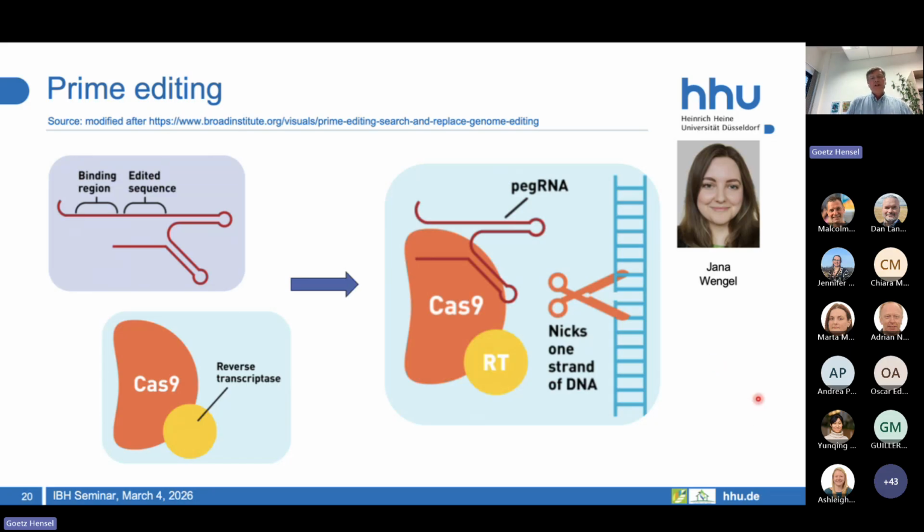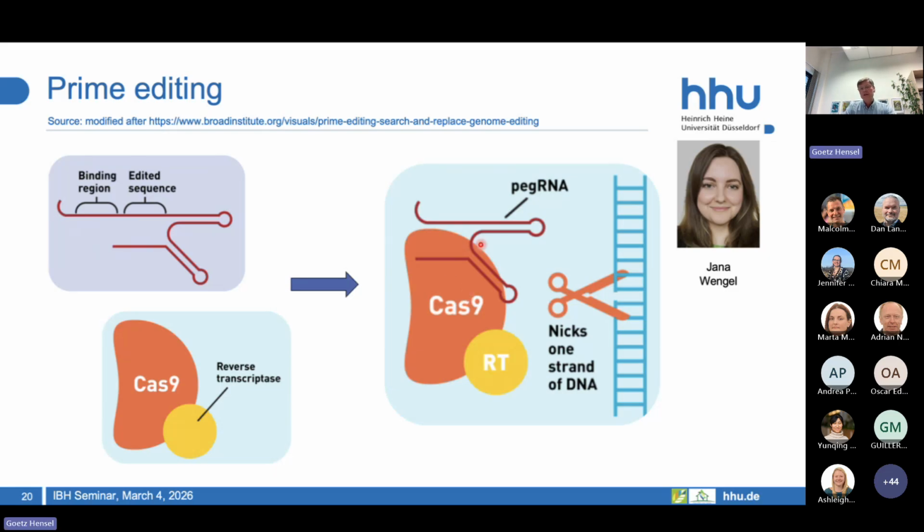So what the scientists made, on one hand, they inactivated one of the two domains so that you do not get the double-strand break, you get just a nick. So they made the Cas9 into a nickase.